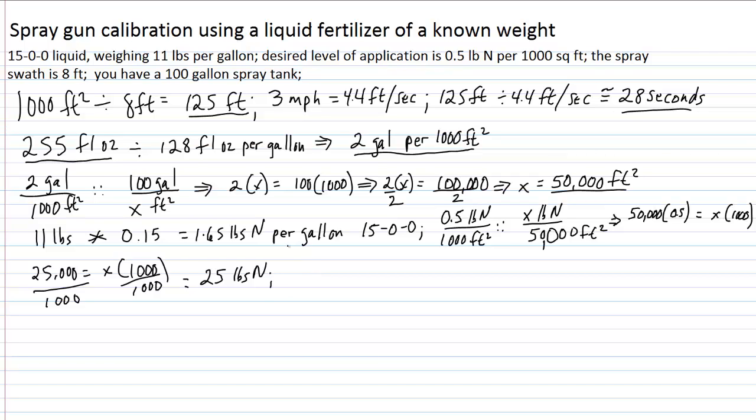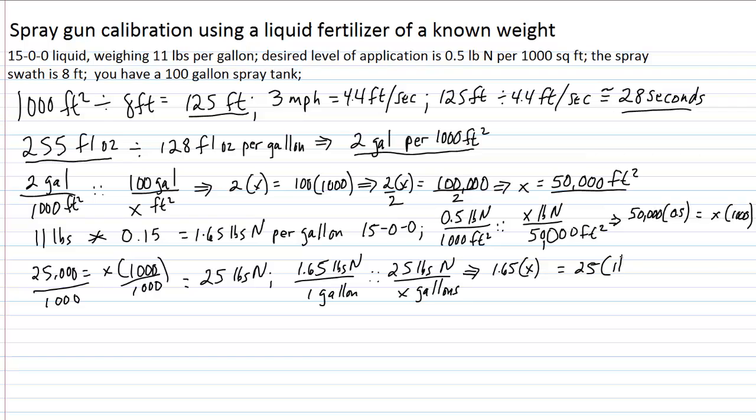Now we go back and look at this number, which said there's 1.65 pounds of nitrogen per every 1 gallon. Let's proportion that to 25 pounds of nitrogen is to how many gallons? That's my unknown. Again, we cross multiply, divide, and solve for X. 1.65 times X equals 25 times 1.